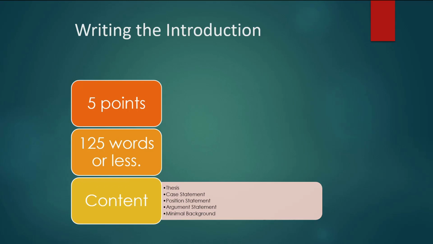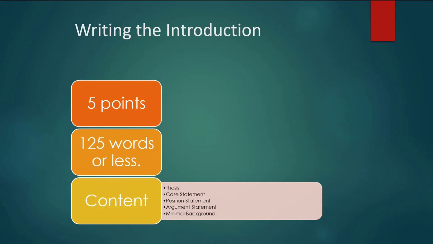Now, you could do a broader paper covering both. And so in this case, the thesis, case, and position, you could do all in one sentence. You could say, it is my view that the police use of robots as weapons is morally acceptable under the same circumstances in which force itself would be considered in general morally acceptable.